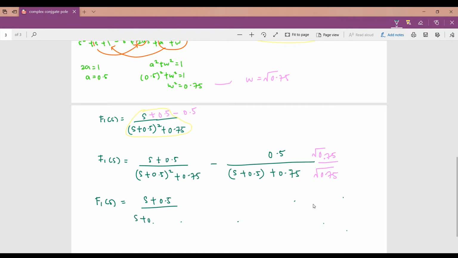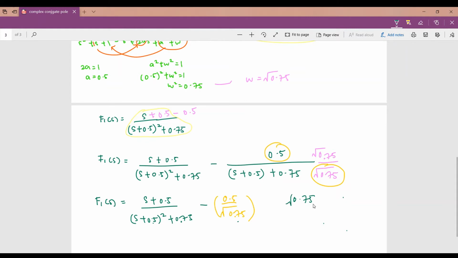This one is no change, don't change this one. 0.75 is omega square, and then minus, I will circle with the yellow one, this one, and this one is not used, so I will let 0.5 over square root of 0.75 be the value that I will multiply with the equation.